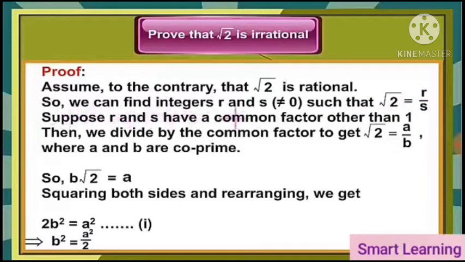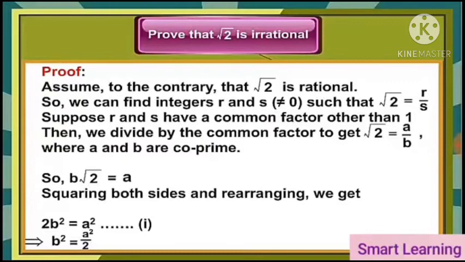Suppose r and s have a common factor other than 1. Then we divide r and s both by the common factor to get root 2 equal to a upon b, where a and b are co-prime. Remember, co-primes are those numbers which do not have any common factor other than 1.